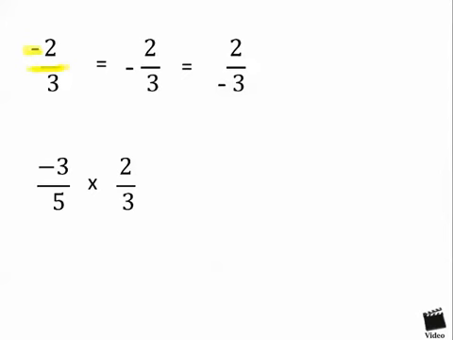What is helpful to understand is that if it's negative 2 divided by 3, it's the same as putting that negative sign in the front, because I know that when I divide a negative by a positive, I'm going to get a negative. And it's also the same as letting that negative sign fall to the bottom. So often we put the negative sign where it's convenient at the time. We don't want to put more than one negative sign in, but we are allowed to use it from top to middle to bottom.